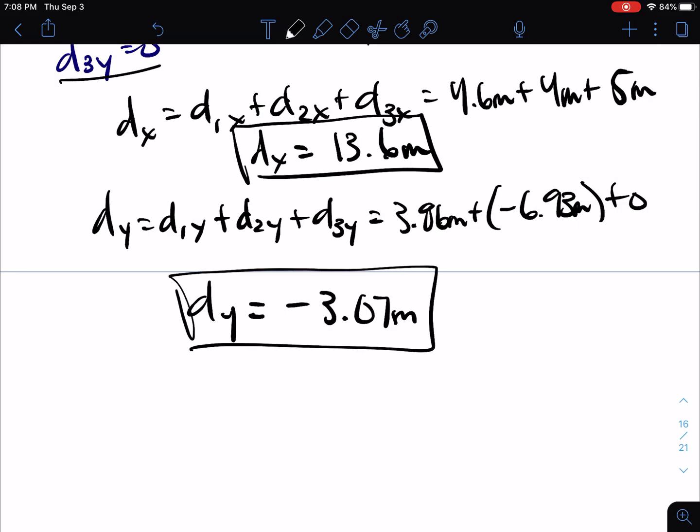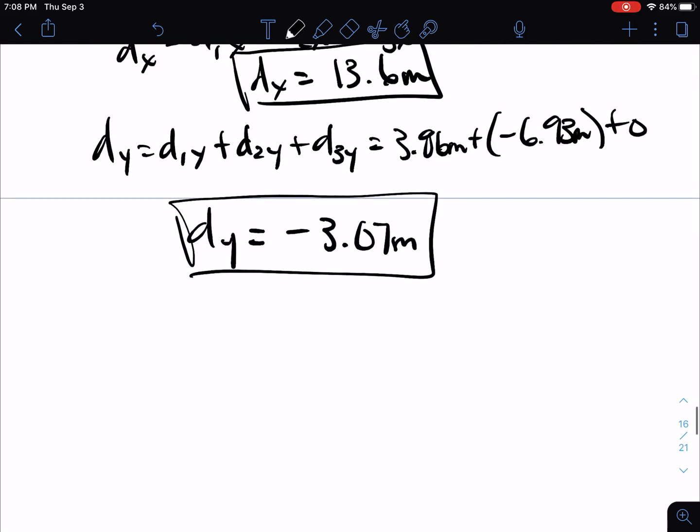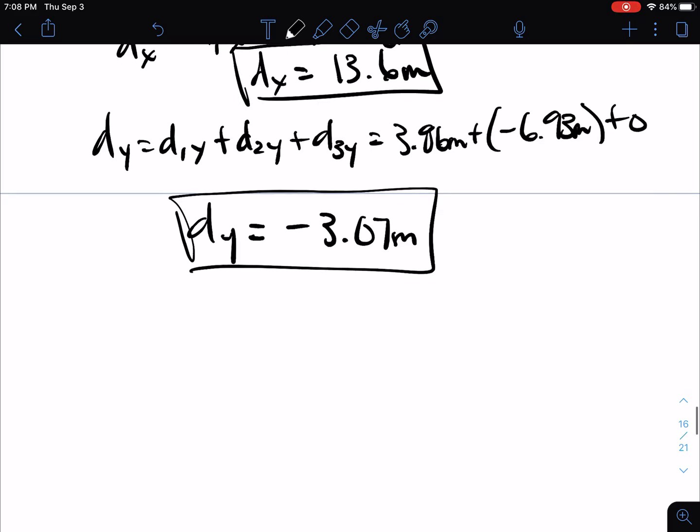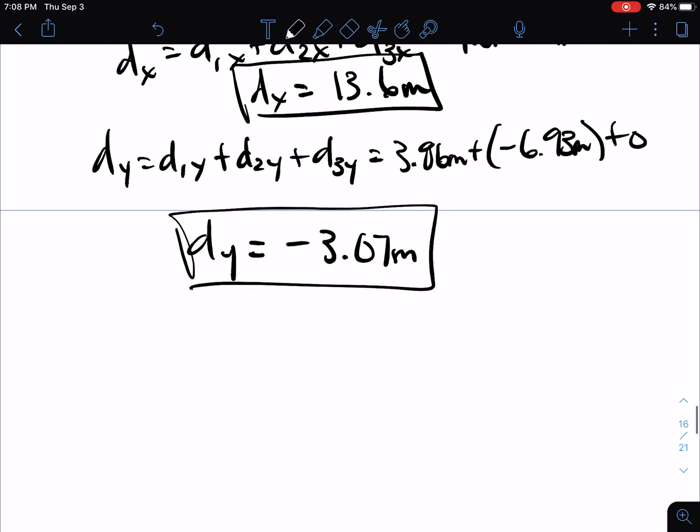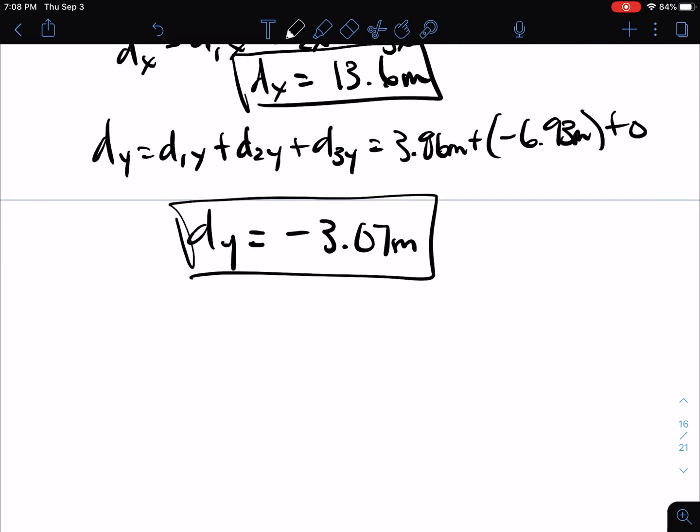Okay, now we want the total resultant, like the magnitude of the resultant vector and direction. So we need to now take these components and put them into a right triangle so we can find the magnitude of the resultant vector. So dx is positive, so I get 13.6 meters for dx, and then the dy was negative, so notice how I put it downward, but I'm not going to actually write the negative here because I already denoted the negative with the direction.